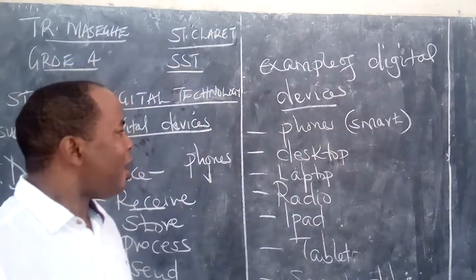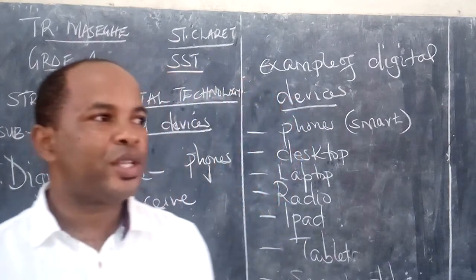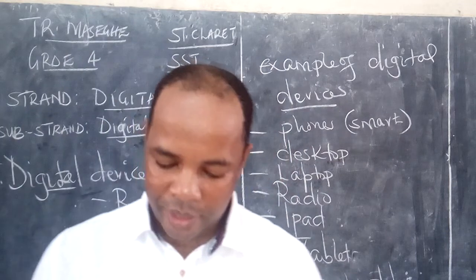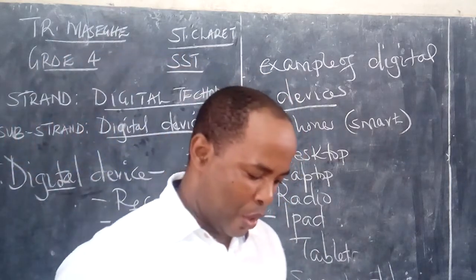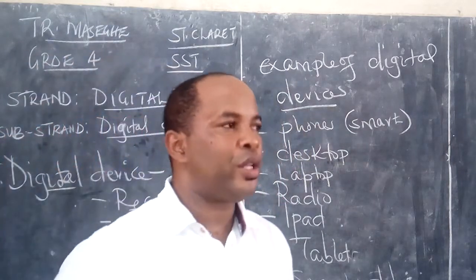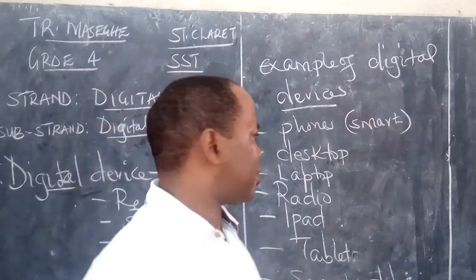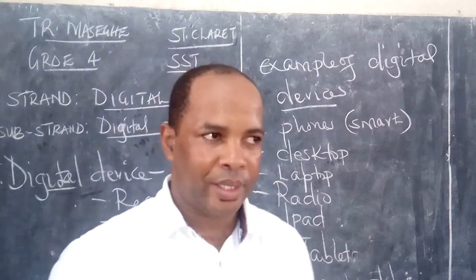Now, all these things use what? Electricity. Most of these instruments we have named here use power, or electricity, to operate. Now we have other digital devices that use batteries or solar energy, and this is more common in areas where there is no electricity.